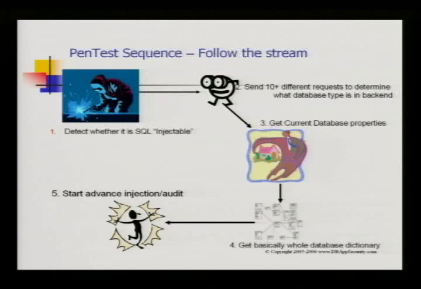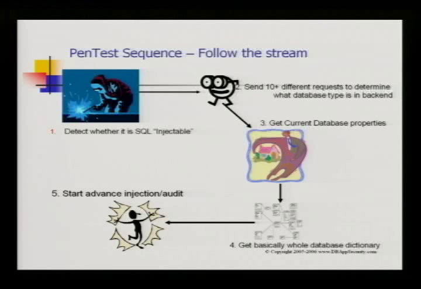So here's the pen test sequence it will take. First, just like a normal scanner, it will detect if it is SQL injectable. But that is far less than enough, right? Second, just as Nmap will send tens of packets to detect the OS type based on TTL and window size, Matrix will send tens of different requests to determine the database type in the backend and its version.